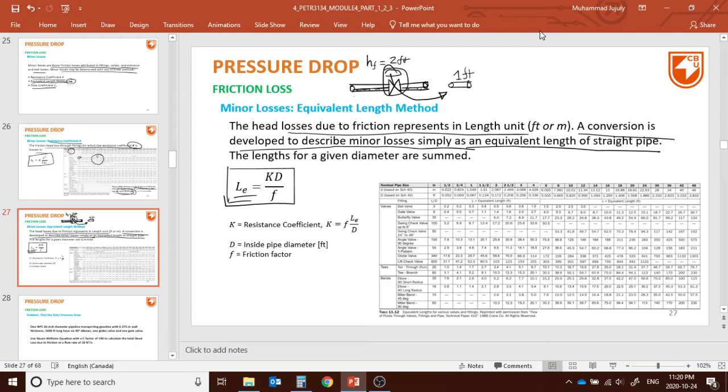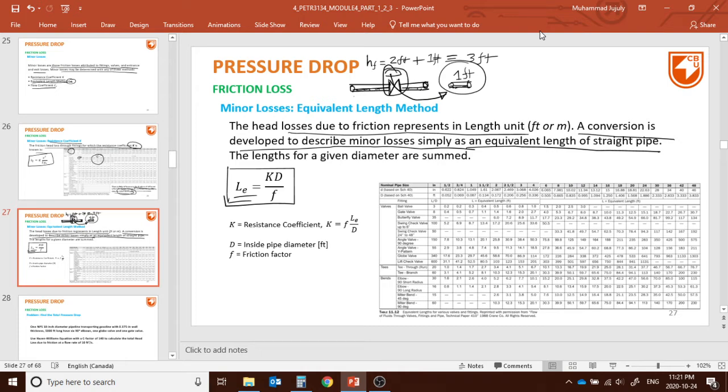That means the friction loss caused by this valve is equivalent to 1 foot of the pipeline's frictional loss. So the total HF would be 2 feet, the major loss, plus 1 foot, the minor loss due to the valve, so 3 feet in total.